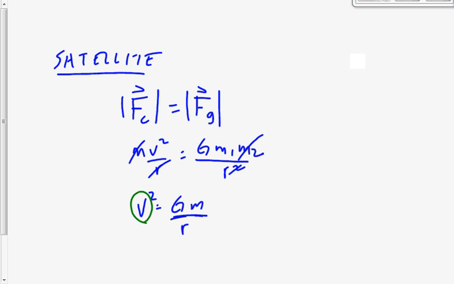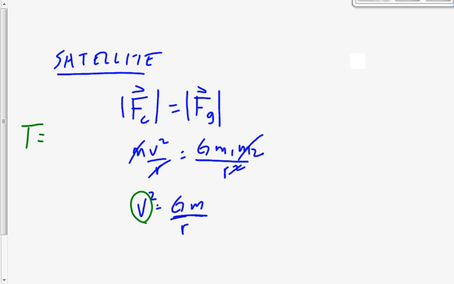Yesterday we had a problem where we were looking for not the speed of the satellite as it orbited around, but rather the orbital period, how long it took to make one complete revolution. What do we do for that? Looking for T, not v. Right?